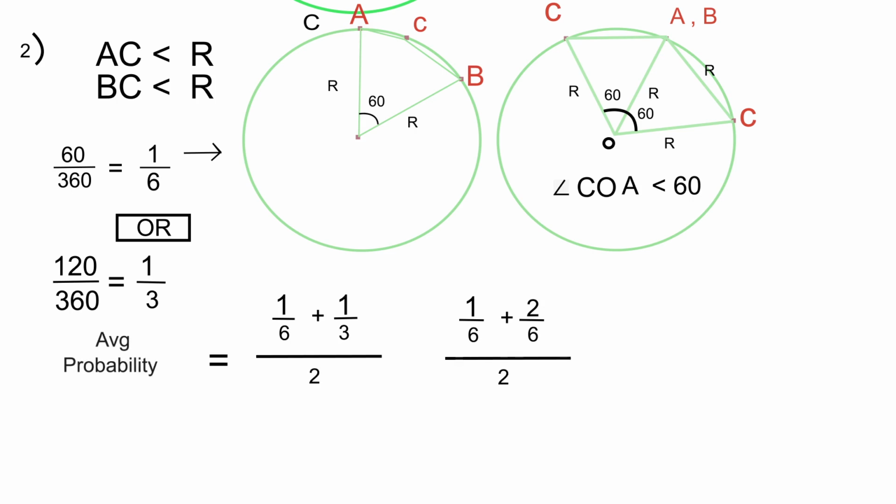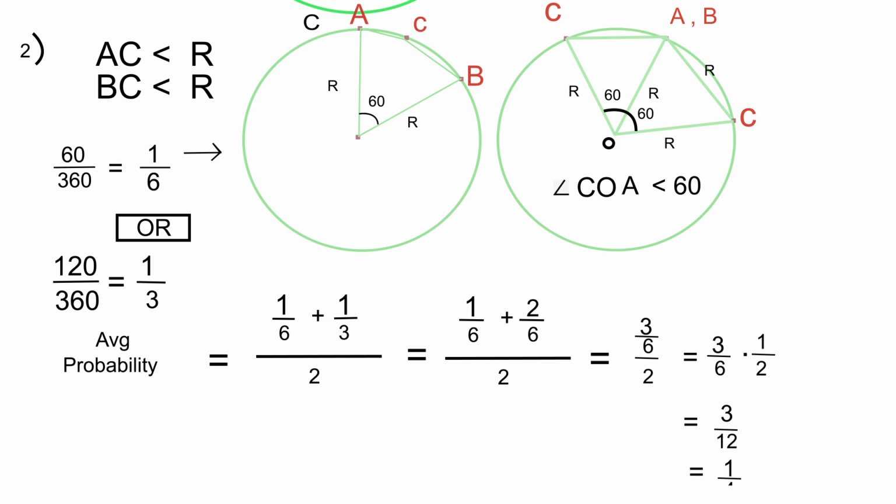Well, just like any other average, you have to divide by 2. We added two numbers, you divide by 2. So this looks like 1 over 6 plus 3 over 6, or 1 over 6 plus 2 over 6, all over 2. So this looks like 3 over 6 over 2. Invert and multiply, and you'll get 3 over 12, which is 1/4.